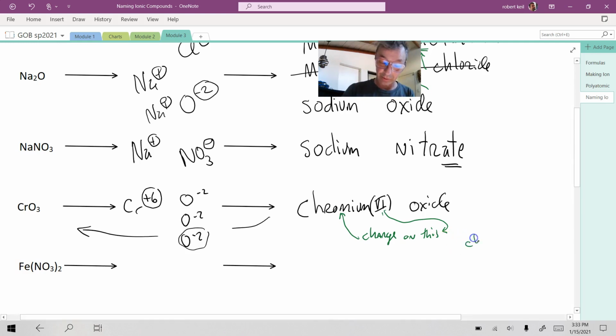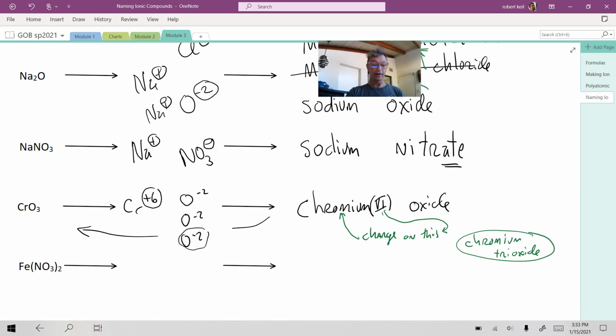However, if you were actually to go buy this stuff, you will very often see it sold in the real world as chromium trioxide. And this is an example of what I mean by language sometimes being tricky. So you can learn what's considered proper chemistry translation, and you'll call it chromium-6 oxide.